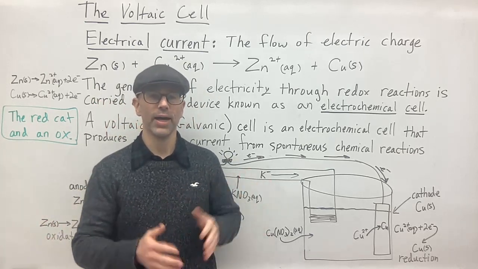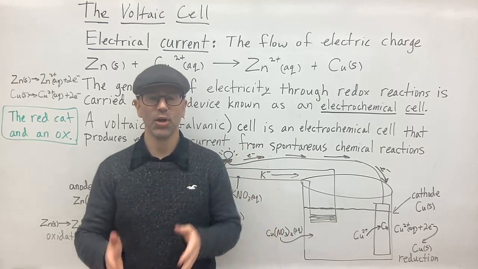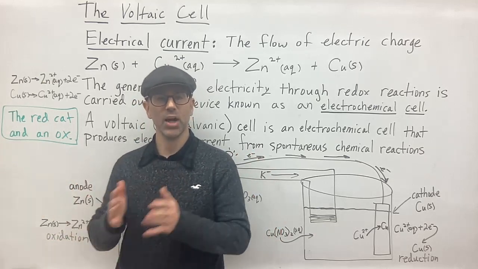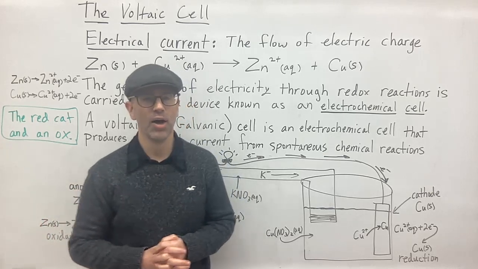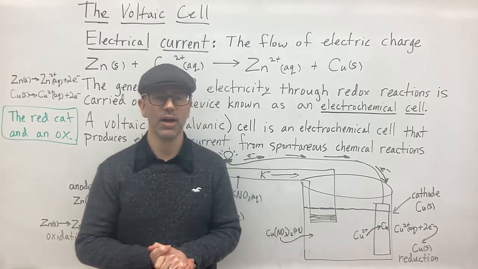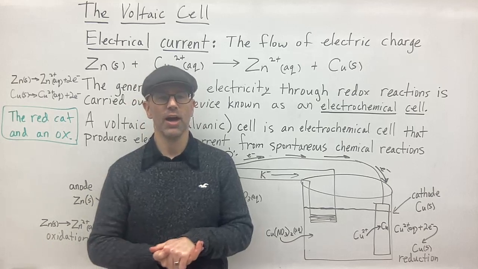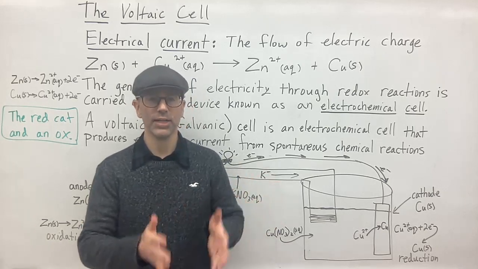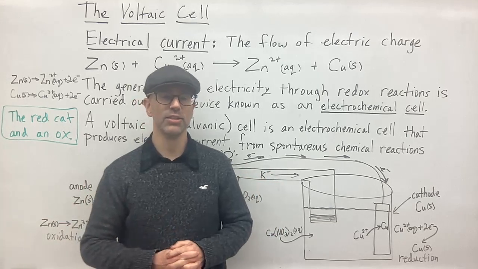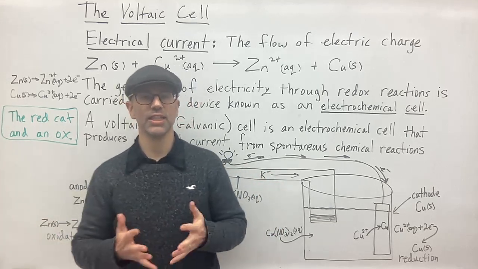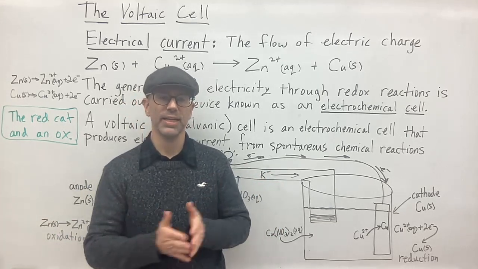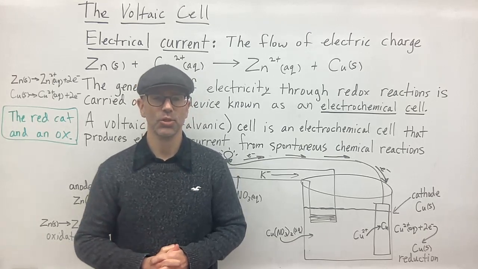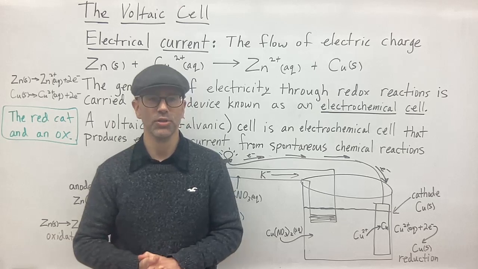Oxidation is loss, and reduction is gain. There's also another one out there, LEO the lion says GER. LEO: loss of electrons is oxidation, and GER: gain of electrons is reduction. So LEO-GER is another one that you can use.